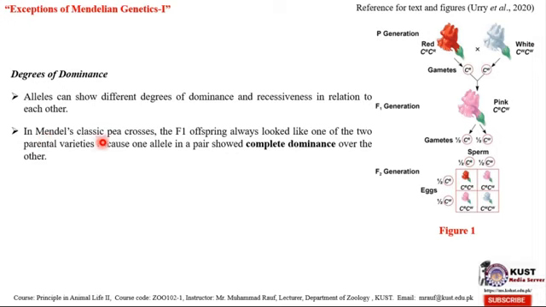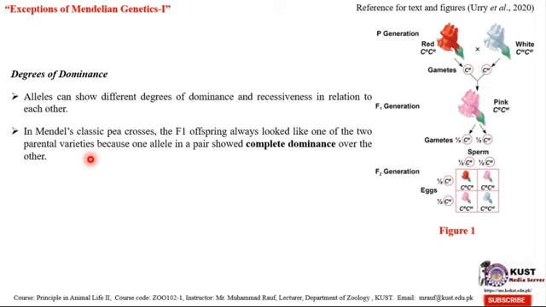In Mendel's classic P crosses, the F1 offspring always looked like one of the two parental varieties. So if you recall Mendel's first law, the F1 hybrids only showed the phenotype of the dominant parent.